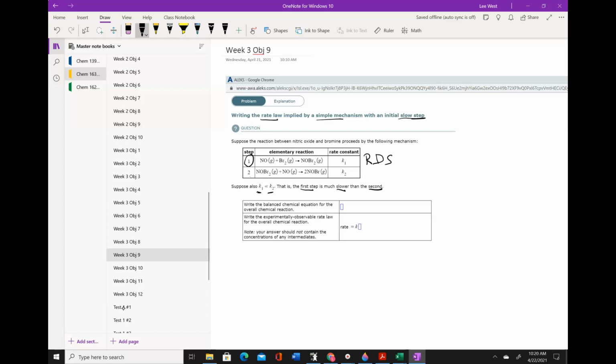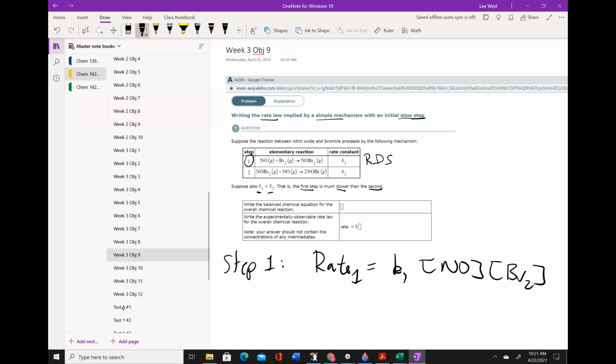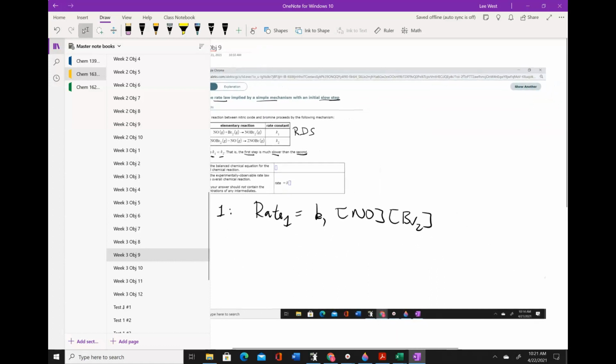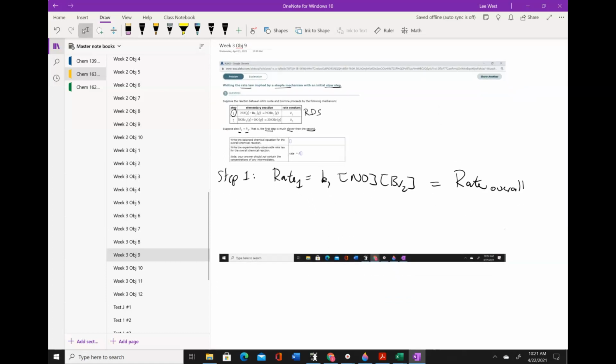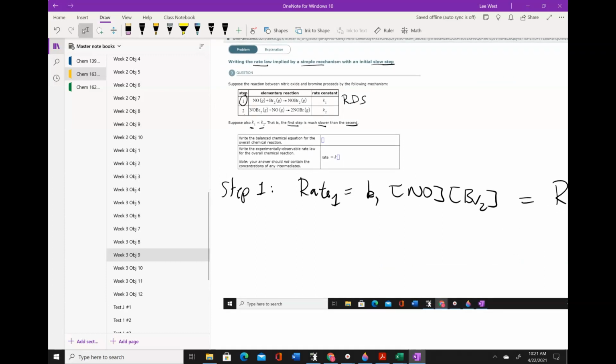So I know that for step 1, the rate of that step will be equal to k1, the rate constant, multiplied by the concentration of NO, multiplied by the concentration of Br2, because there is one of each of those things in that elementary reaction. And that is also equal to the rate for the overall reaction, because step 1 is the rate determining step.